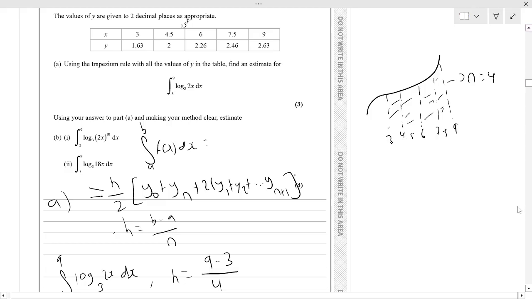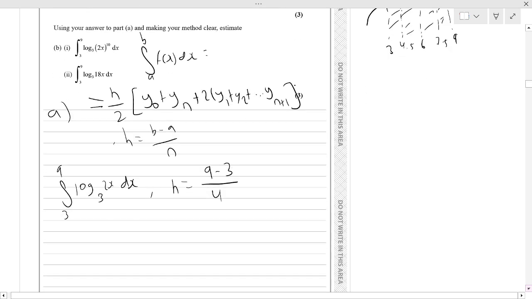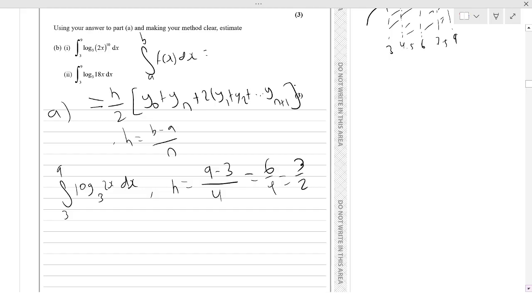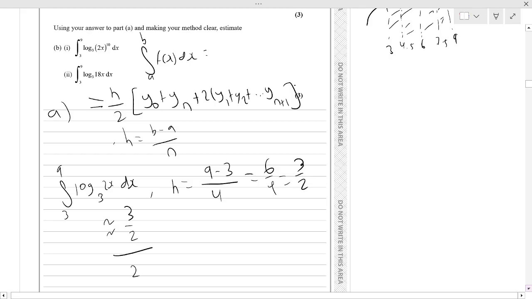So then I found h. This will simplify to 6 over 4, which is 3 over 2. So I've found h now, and I know n is 4. I can then use the formula. So the integral becomes h over 2, so it's 3 over 2 over 2, and then y0.